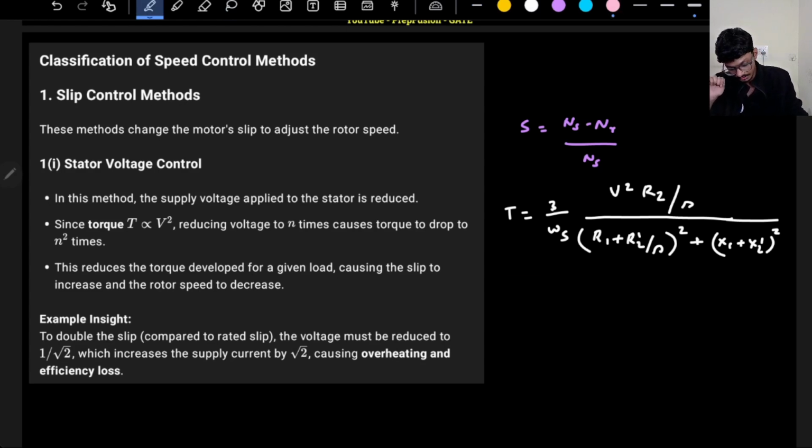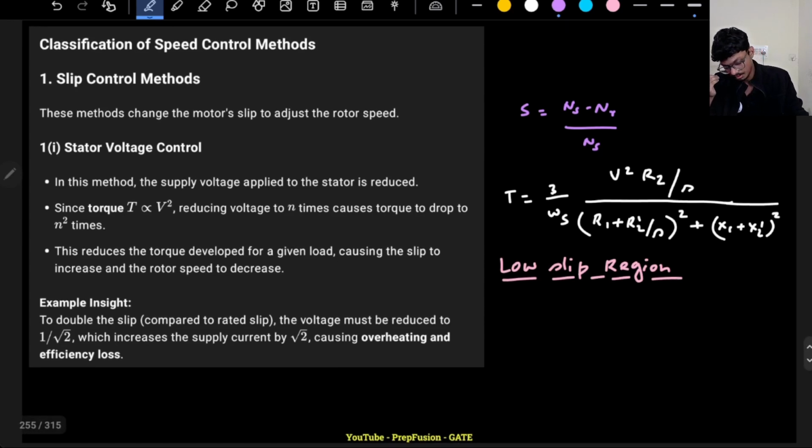In the low slip region, this term will dominate, because with s equal to 0.05, R2 upon 0.05 will be a very high value.